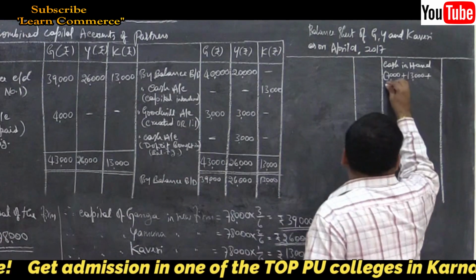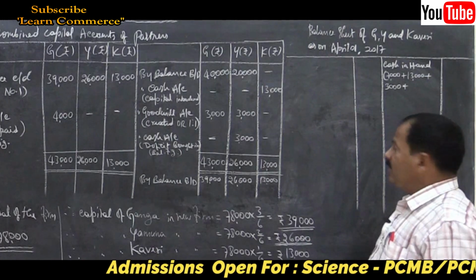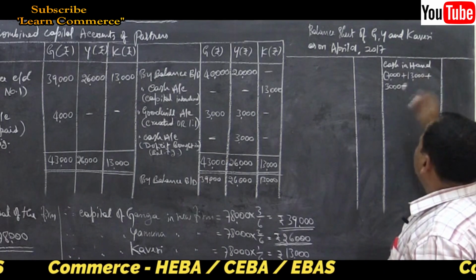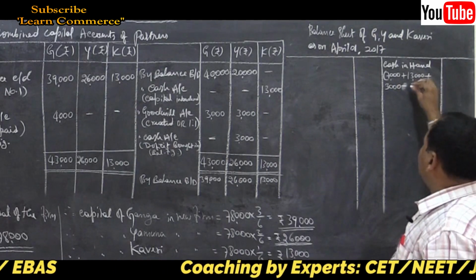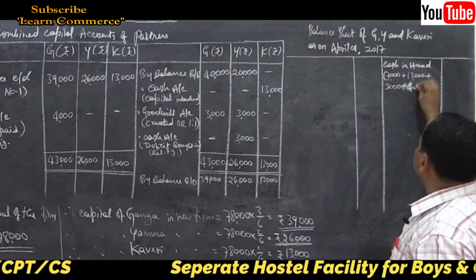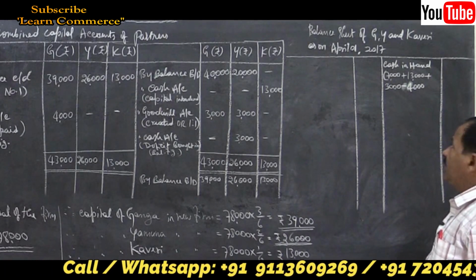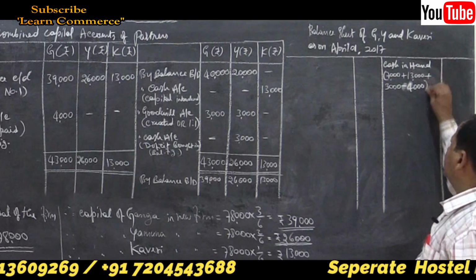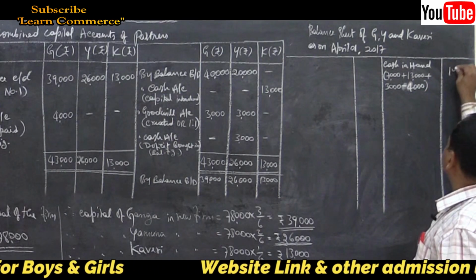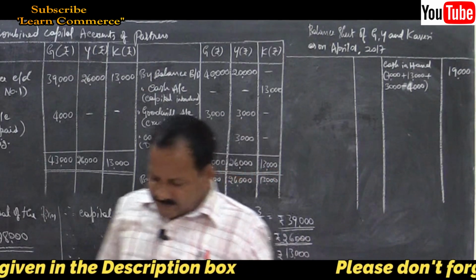So, plus 3,000 brought in by Yamuna, and last one is minus excess amount paid to Ganga, that is how much? 4,000. So 7,000 plus 13,000 plus 3,000 minus 4,000, that is your cash balance. It will be 19,000. Cash balance is 19,000.